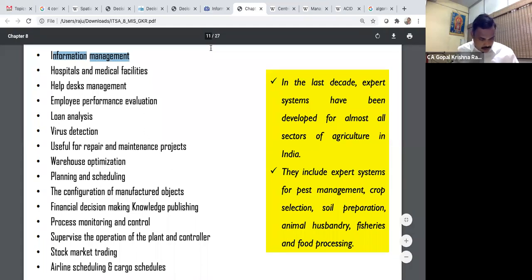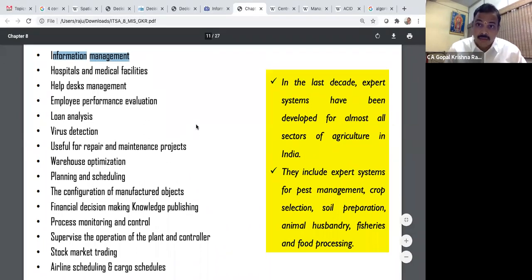That is with respect to, I said MIS is structured decision making. What are all the characters of MIS, which is there on page number 179.